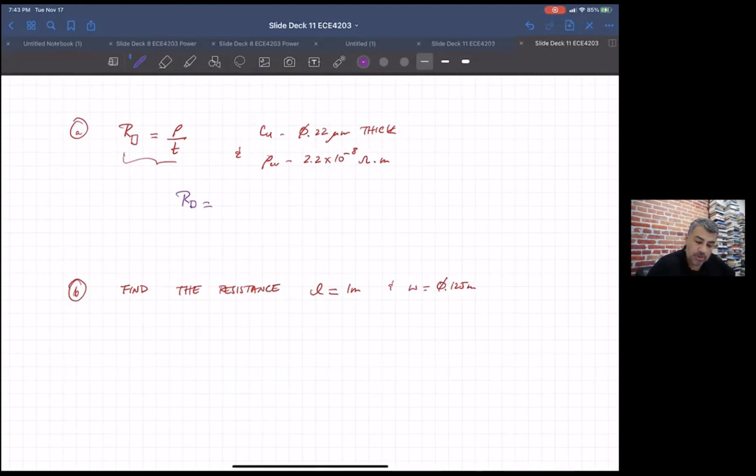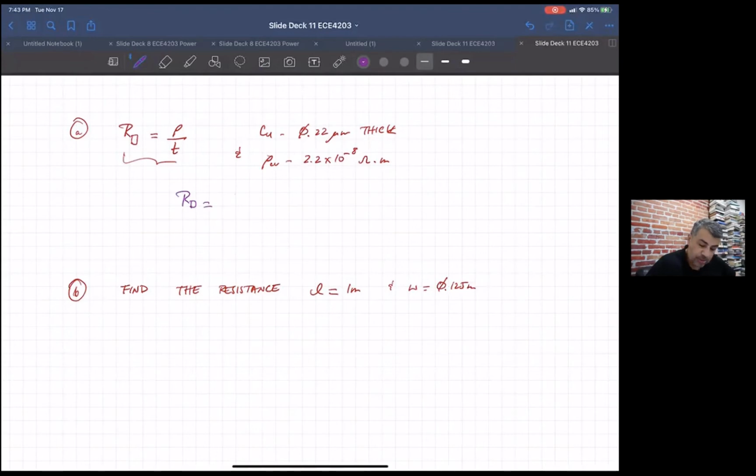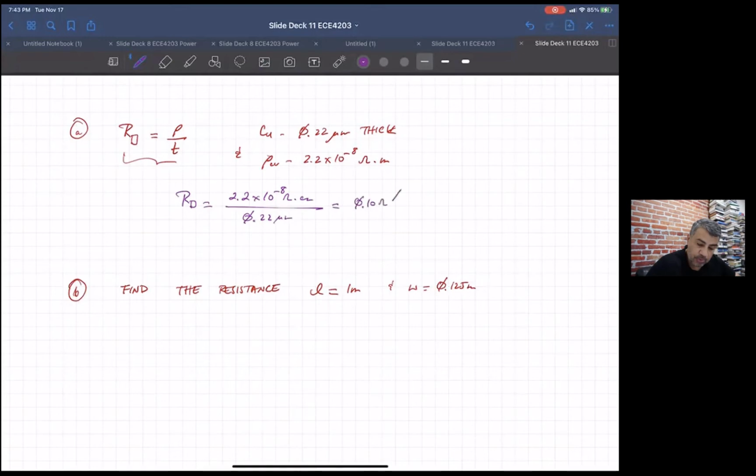Let's get the numbers. So how do you get the resistance parameter? So 0.10 multiplied by 1 millimeter over, or 1 meter. You're a step ahead of me. So here you want to do 2.2 times 10 to the minus 8 ohm meter, which is the resistivity, divided by the thickness. And this gives you 0.10 ohm per square.